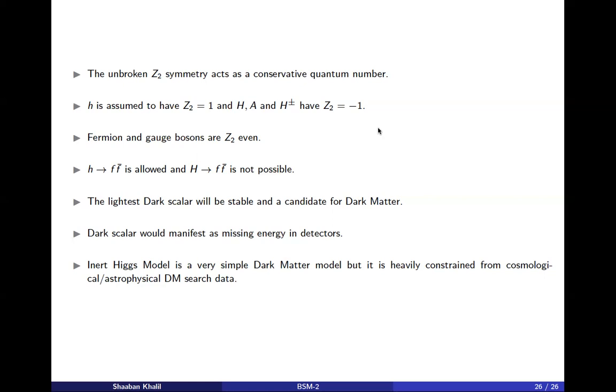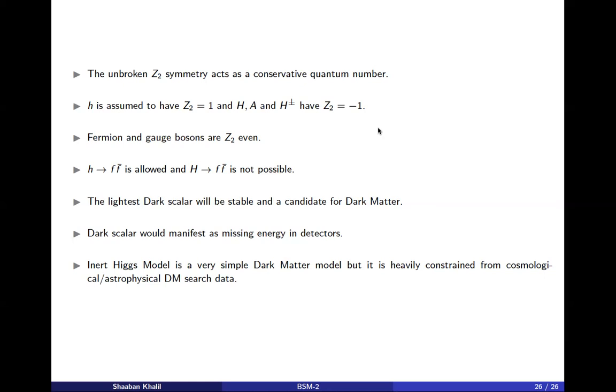So H is still interactive, coupled with FF bar, and can be produced at LHC from gluon fusion, because it couples with TT bar and so on. H prime, or capital H in this slide, does not. For that reason, it is inert. And this is important because it will not decay.